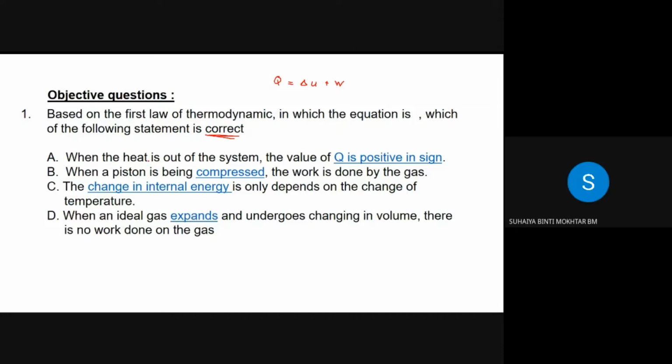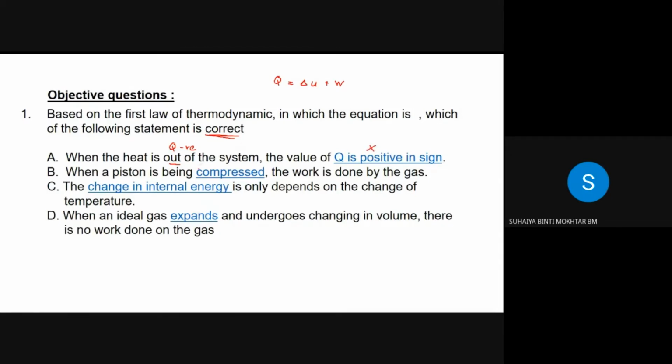For A, when the heat is out of the system, Q should be positive or negative? Negative, right? It says positive, so this is wrong.